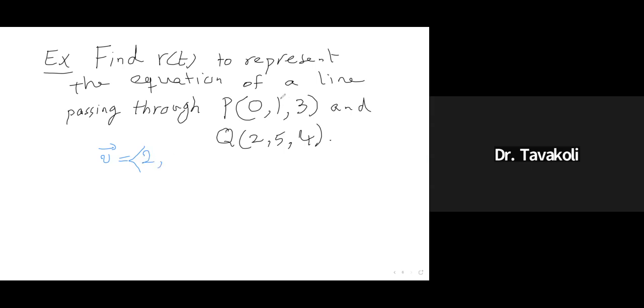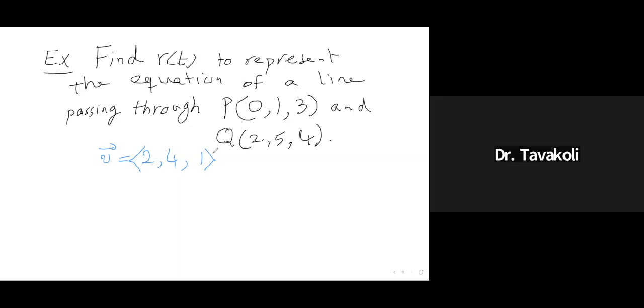Second coordinate of Q minus second coordinate of P, 5 minus 1 is 4. Third coordinate of Q minus third coordinate of P, 4 minus 3 is 1. So this is the direction vector that shows the vector from P to Q.